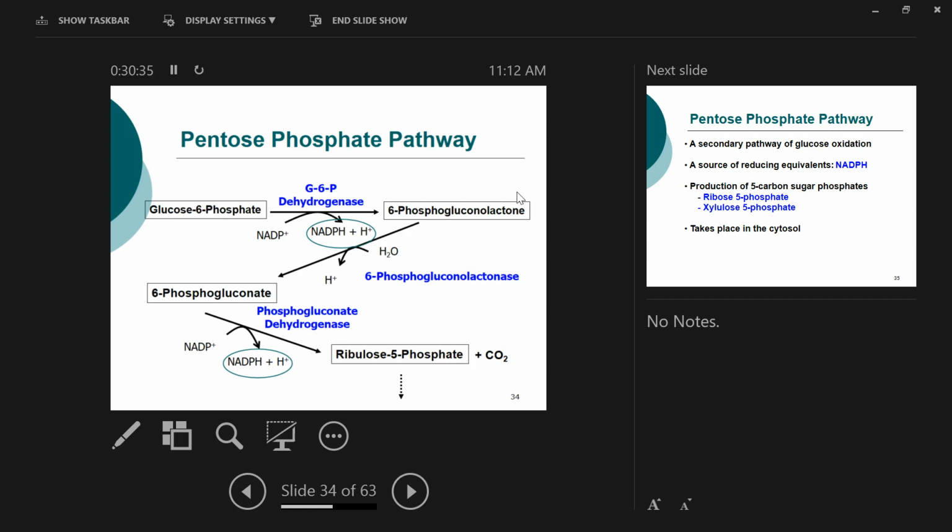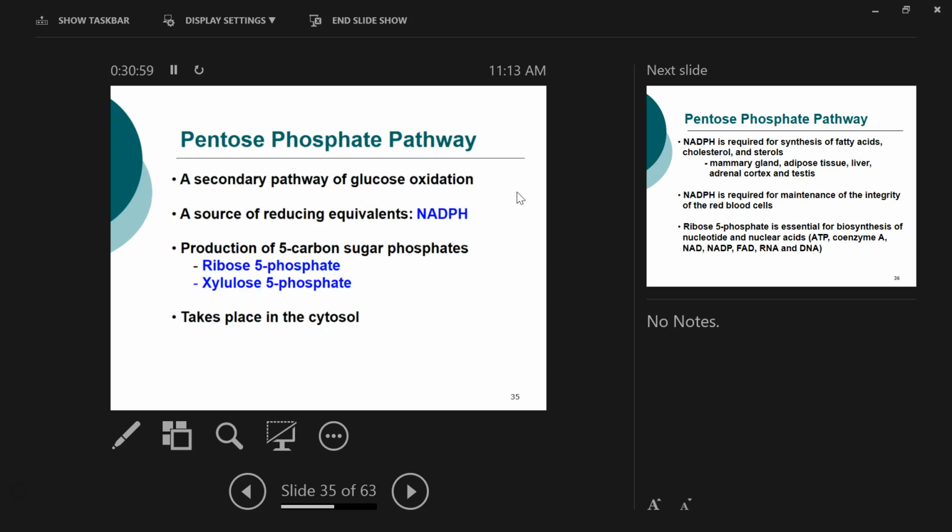The purpose, again, is the synthesis of 5 carbon sugars, which are important substrates for the synthesis of nucleotides, like DNA and RNA. NADPH is also important for the synthesis of fatty acids, lipid synthesis.